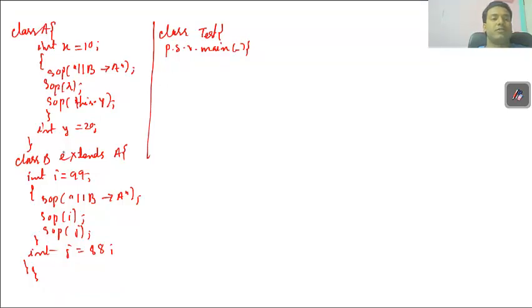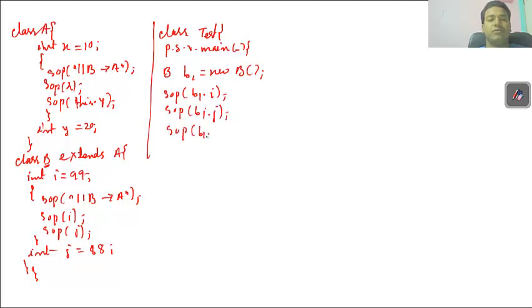I'm creating an object of B class: b1 is new B. And then I'll print the SOP statement of b1.i, b1.j, b1.x and b1.y. So this is the main method.